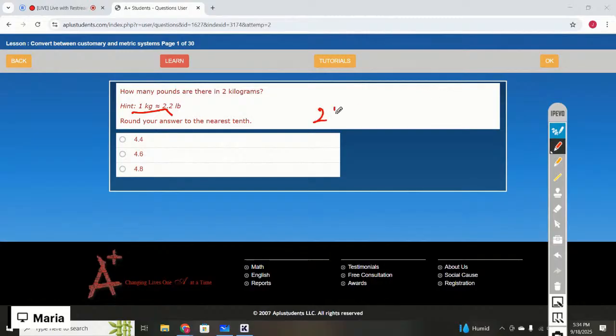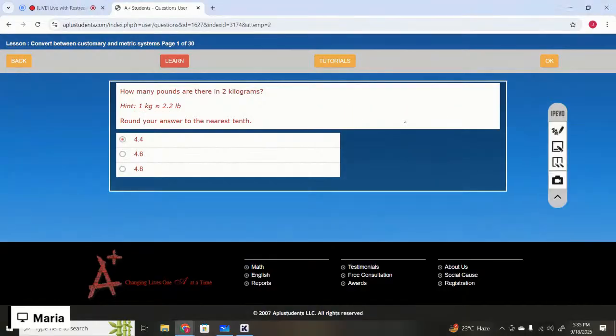That is 2 kilograms equals 2 times 2.2, 4.4. That is 4.4. Option number 1 is the correct option.